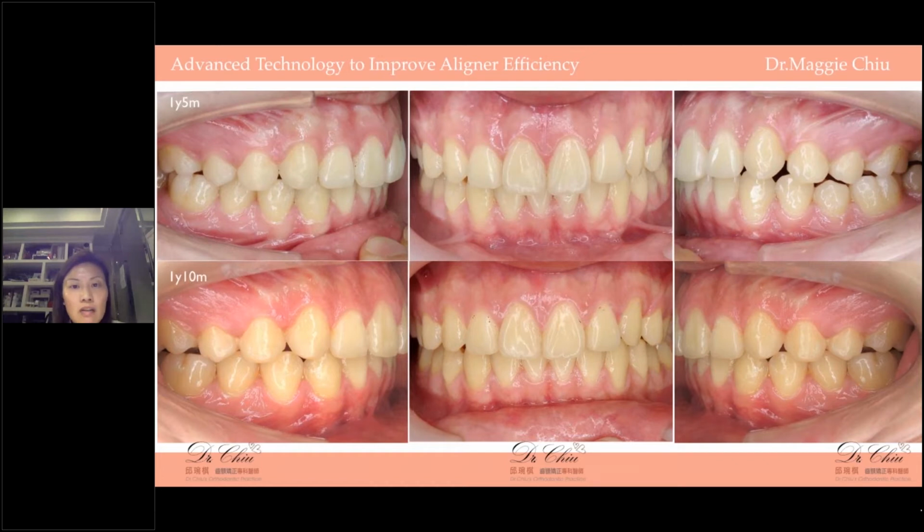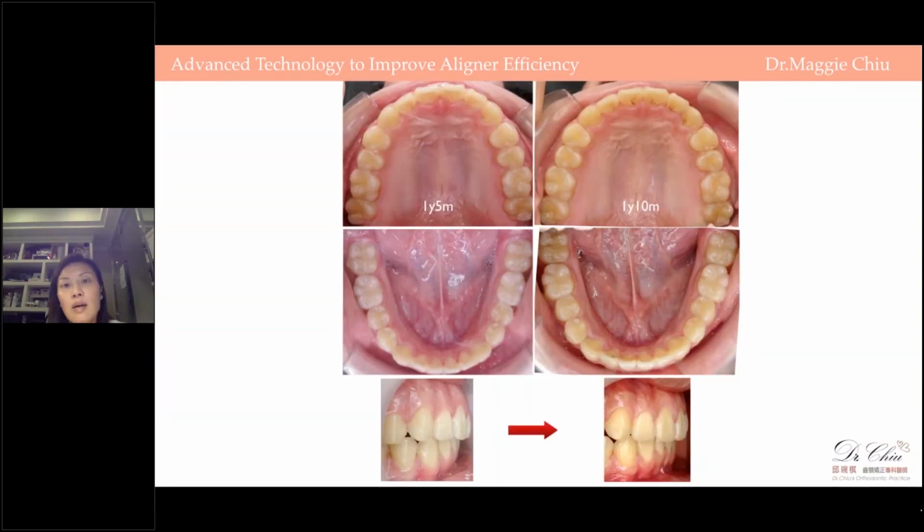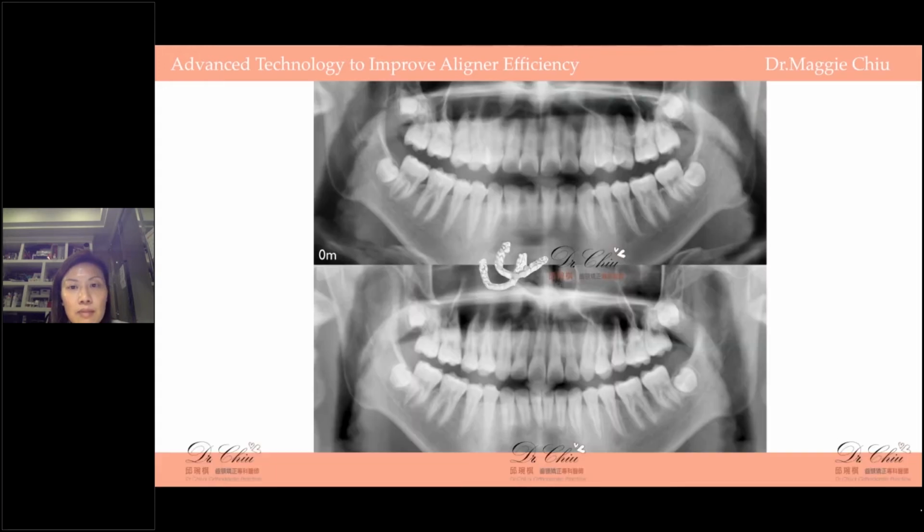And this is the arch form before the additional aligners and after the additional aligners. The second set of aligners took about 4 months for the patient to finish with the detailing and the posterior bisettling on the right buccal and left buccal. Okay, this is the panoramic before and after.